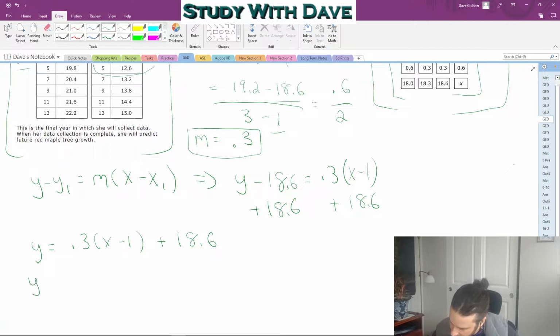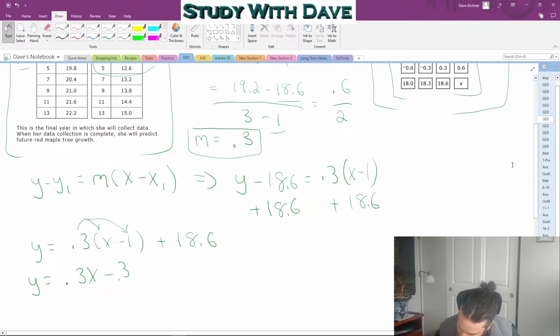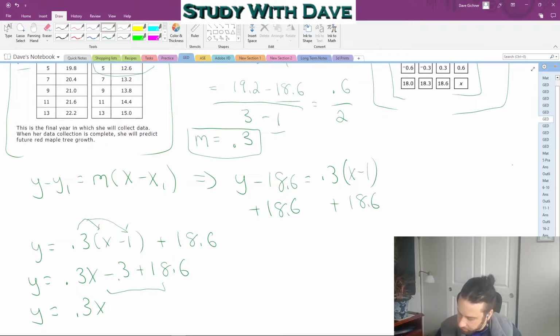Okay, let's go ahead and do another step. So now we will distribute this 0.3 into the parentheses. So that will be y equals 0.3x minus 0.3 times 1 is just 0.3, plus 18.6. Okay, so let's add these two together. So then we're almost there. It's going to be 0.3x, and 18.6 plus a negative 0.3 is just going to be 18.3.